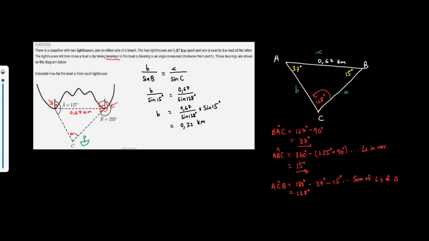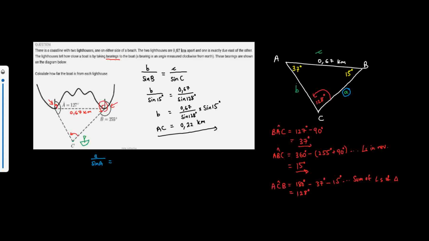What did I just calculate now? I just calculated the length of AC, because that is what B is, right? Now from there, let's calculate the length of A. We're going to say that A over sine A, I hope you can see this is quite small, is equal to, again, we can use what we've been given.